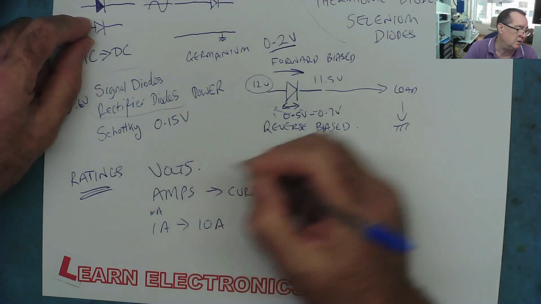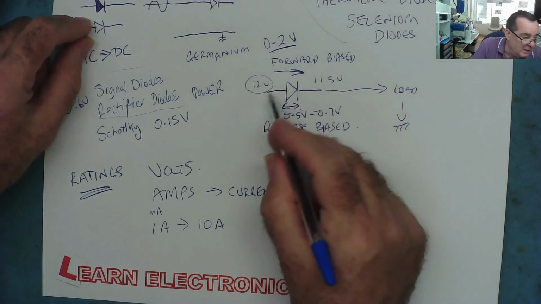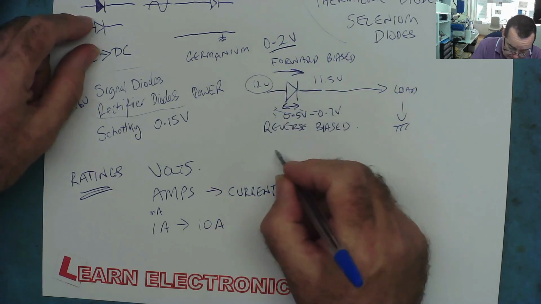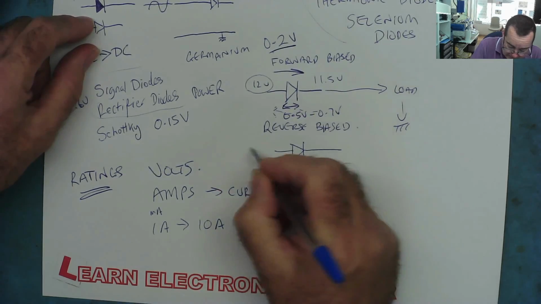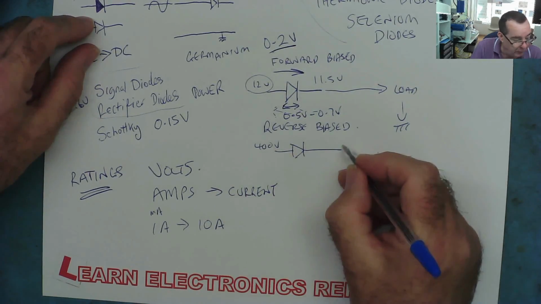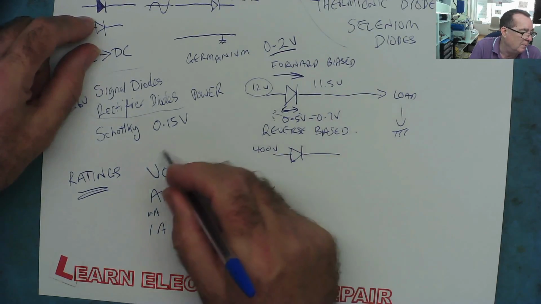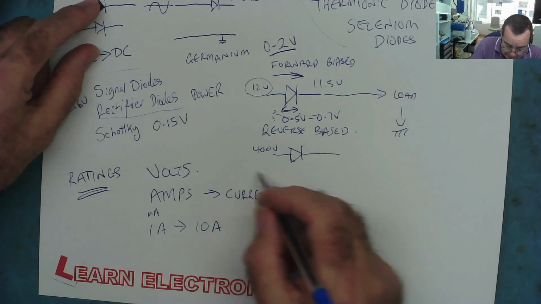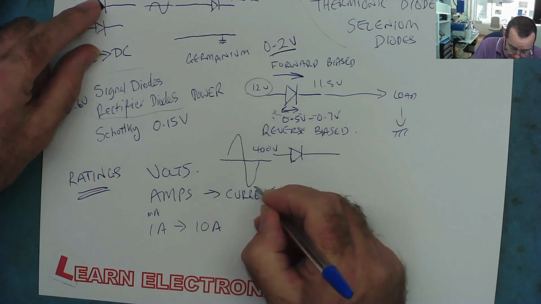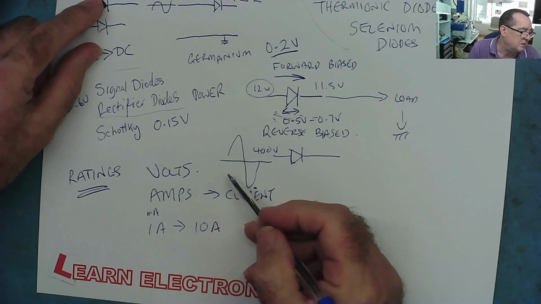The voltage rating of a diode is actually the reverse voltage it can withstand. So if we have, say, 400 volts on here and we are passing current forward, this is not the voltage we're talking about. What we're talking about is, with an AC signal, how much reverse voltage it can withstand before it breaks down in the opposite direction.